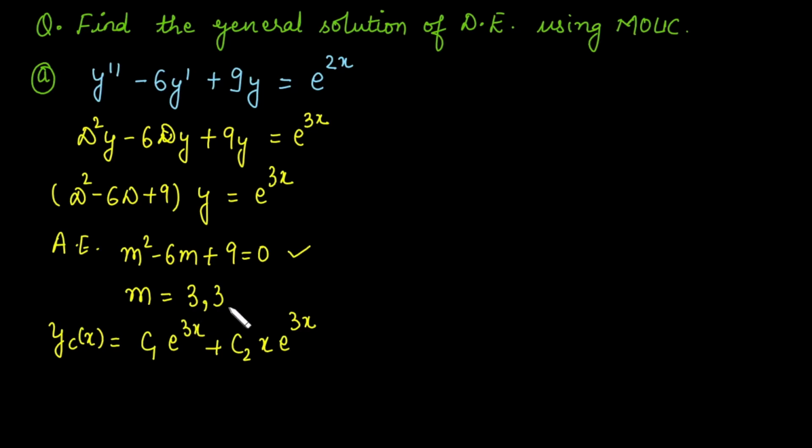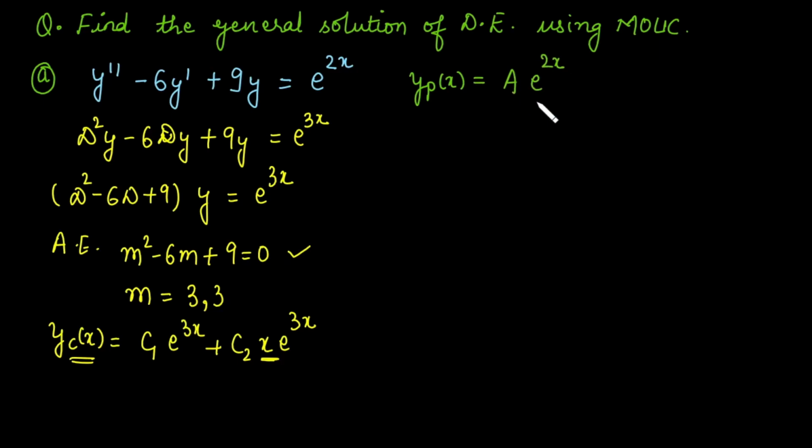Find its roots. Roots are 3 and 3, and the complementary solution can be written in this form. Because both the roots are same and real, therefore we are multiplying x over here. Observe the non-homogeneous function. According to this, the particular integral is of the form a times e raised to power 2x.